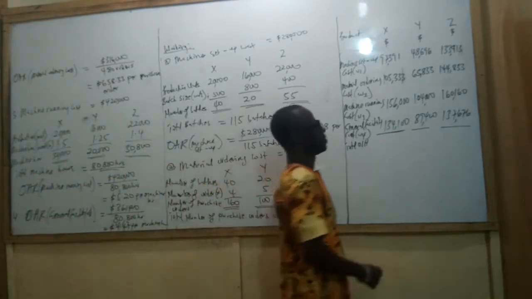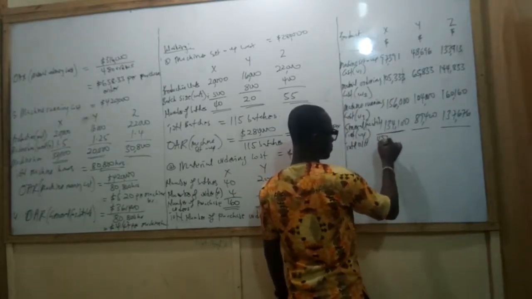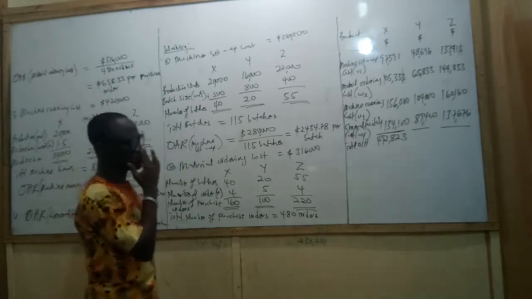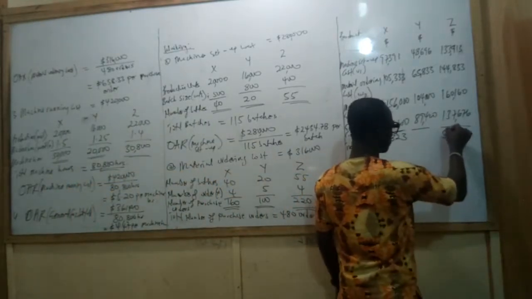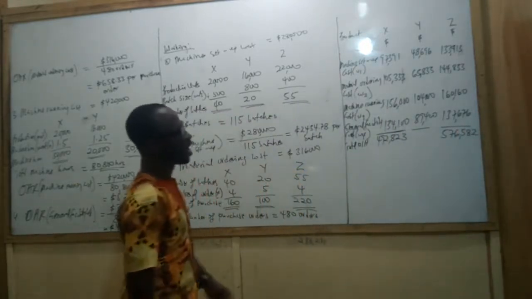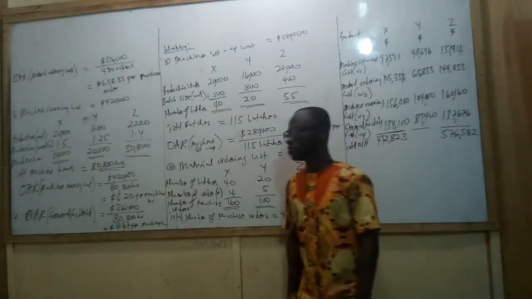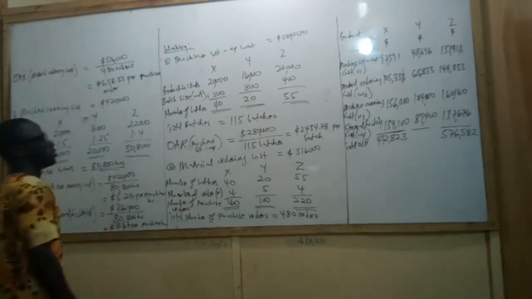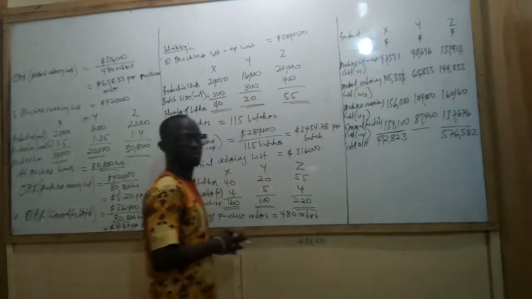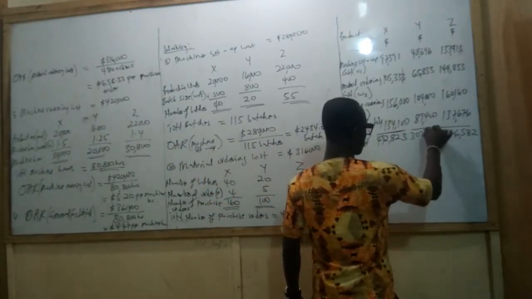So for X, we have 492,827. Then for Y, 576,580. And Z, 307,929.